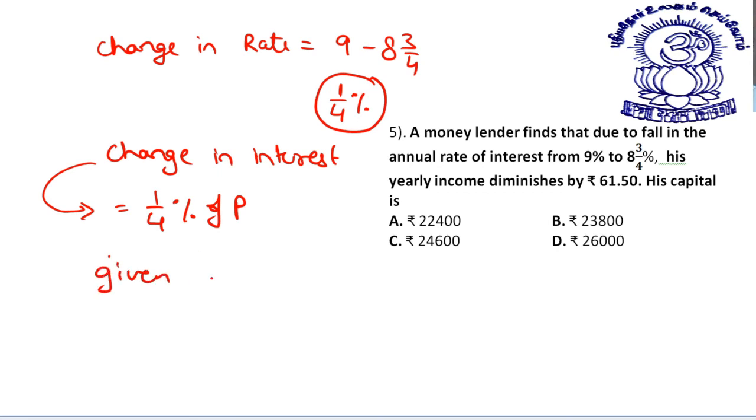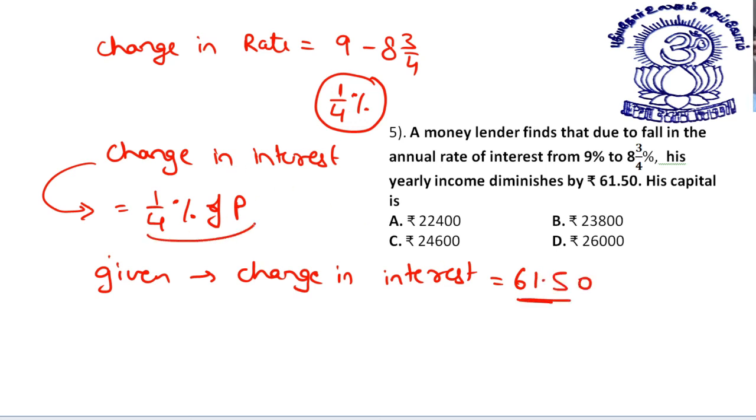It is being said his yearly income diminishes by 61.50. So change in interest is 61.50. We know, as per this logic, change in interest is 1/4% of P. Therefore 1/4% of P is equal to 61.50.